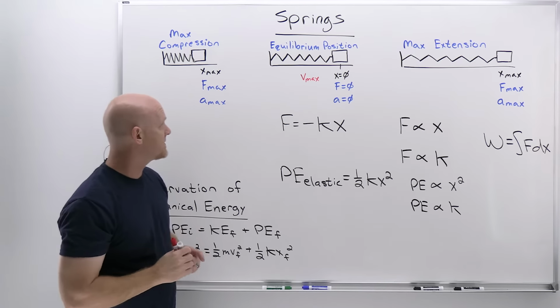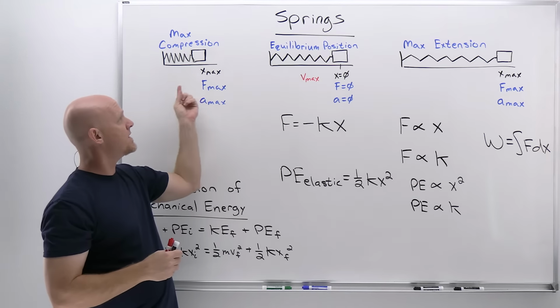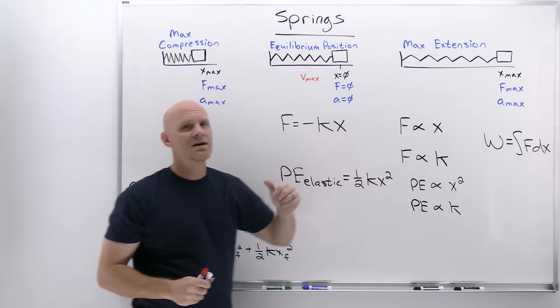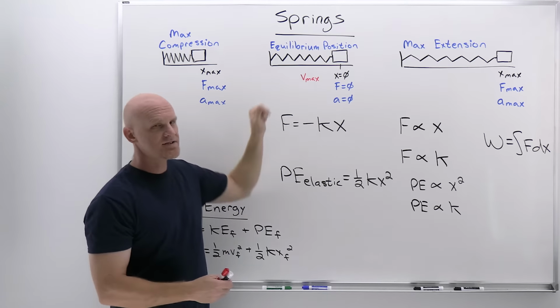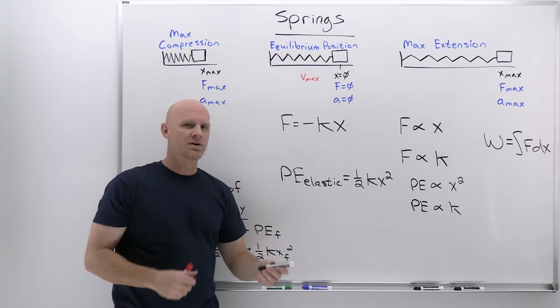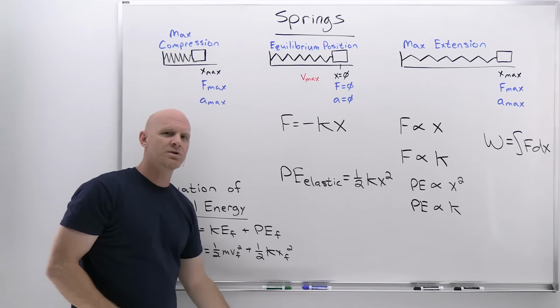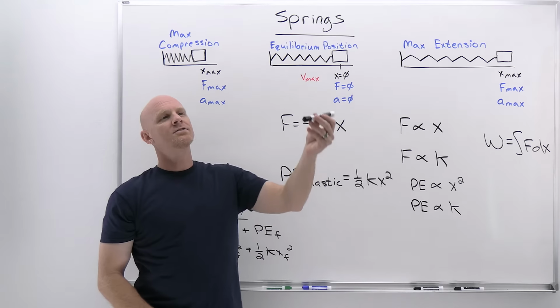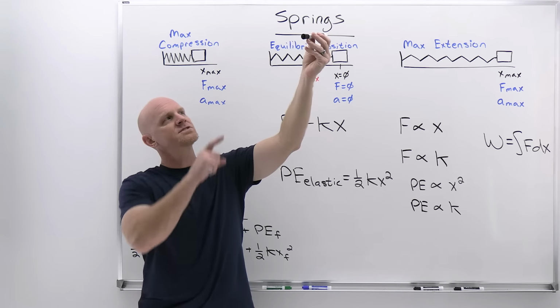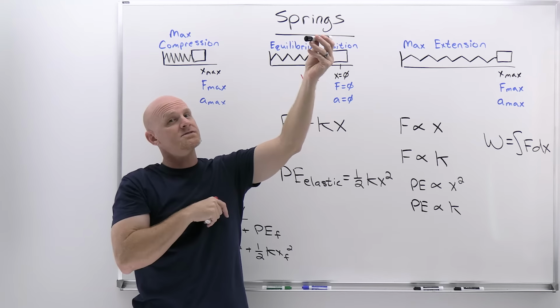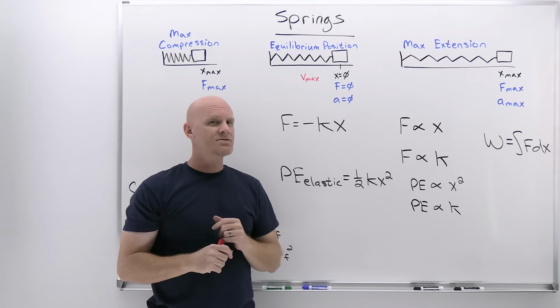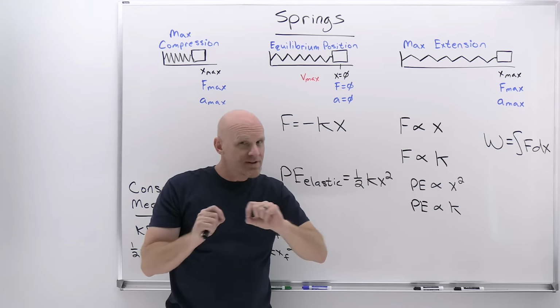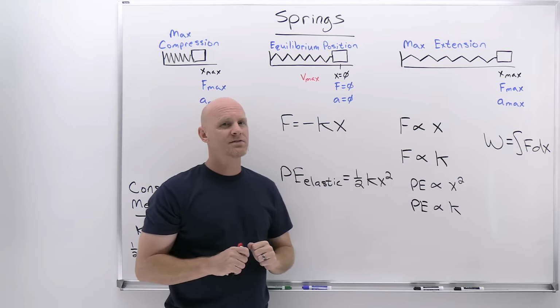If we look at the other direction, when this spring gets fully compressed or fully extended, that's when it is going out one direction and then changes direction to snap back. That should sound a little bit familiar. If we look back at projectile motion, when you threw an object up in the air, it slows down, slows down, slows down, and for a split instant, it stops, it has a velocity of 0 before heading back down. So whenever something changes direction, for a split instant, it has a velocity of 0.